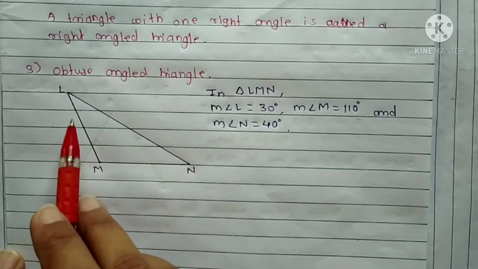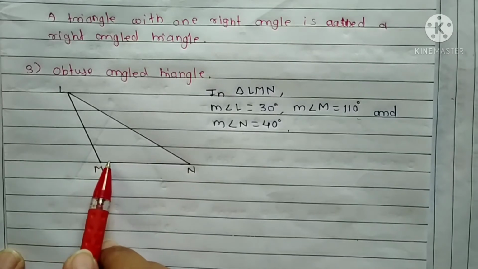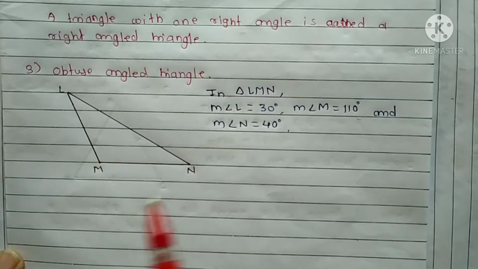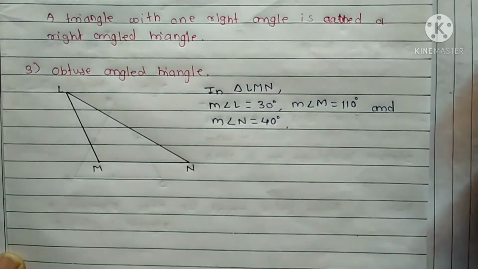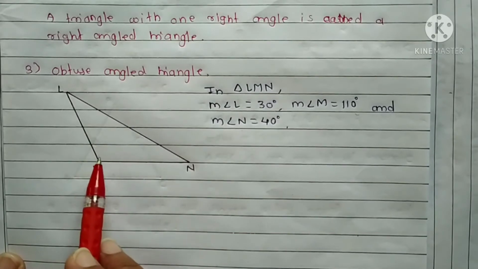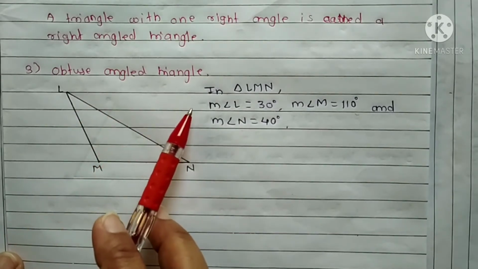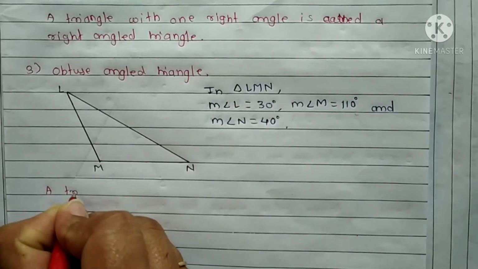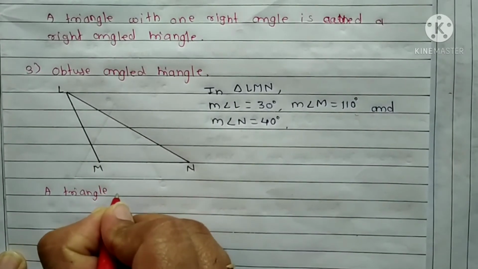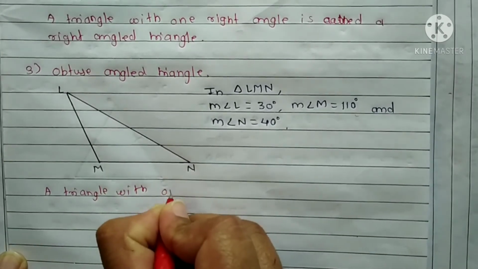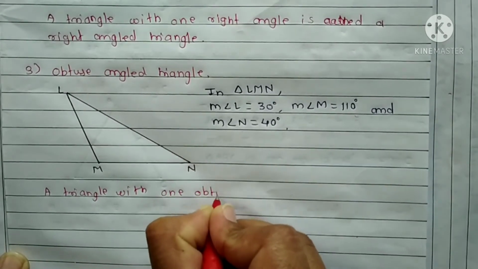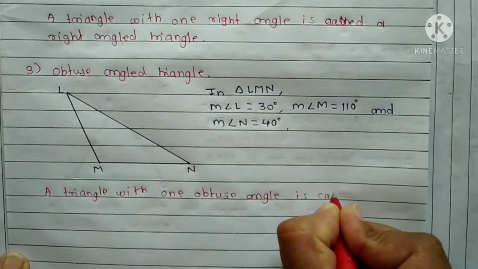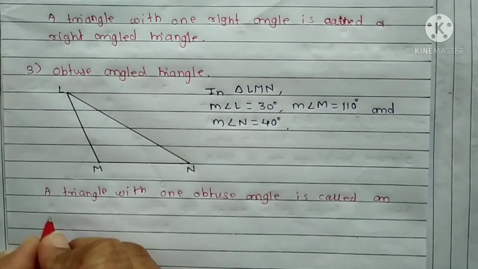Here one angle is obtuse angle and two angles are acute angles. This type of triangle is called obtuse angle triangle. So the definition is a triangle with one obtuse angle is called an obtuse angle triangle.